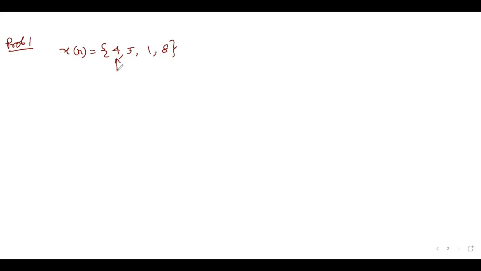This symbol indicates the sample value at origin. Find X(z), find its z transform. So this is a finite duration signal. It's not an infinite signal, it's a finite duration signal.